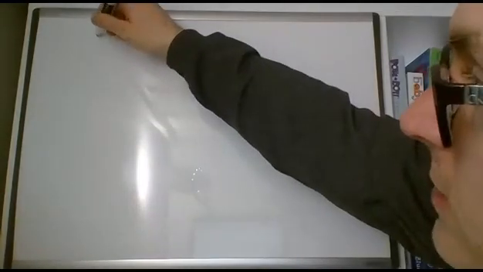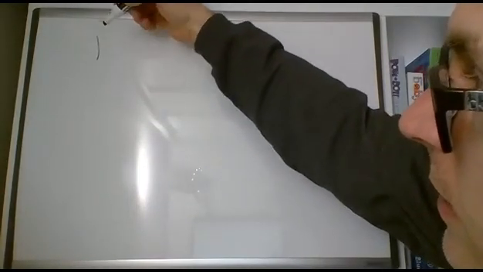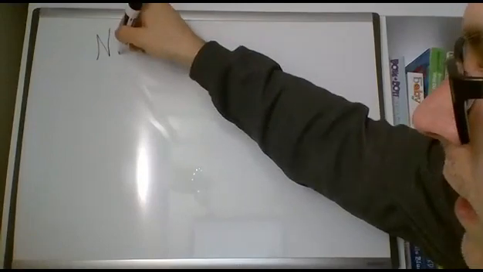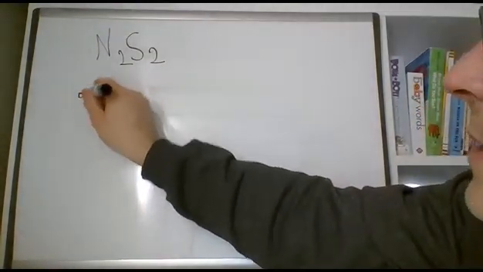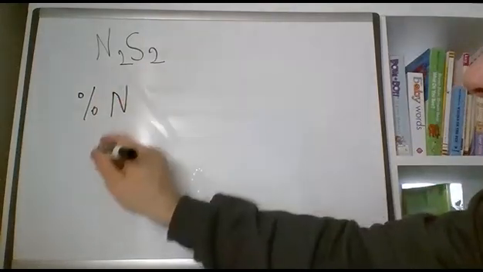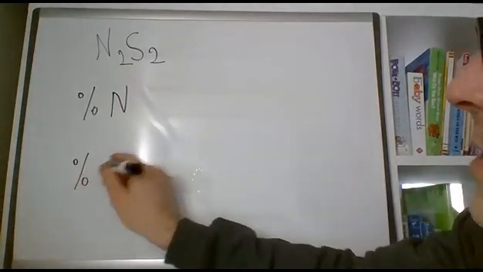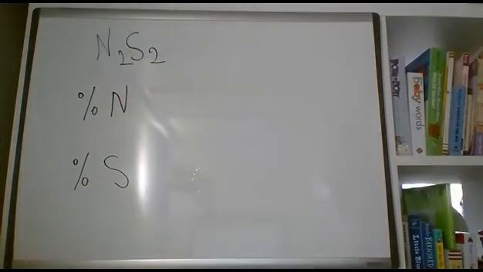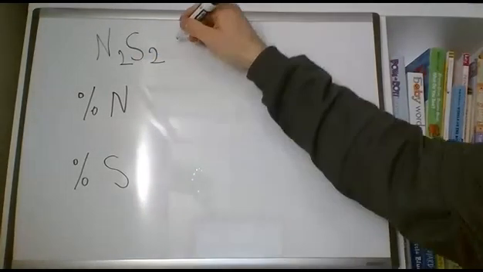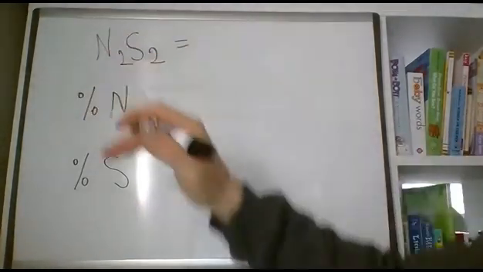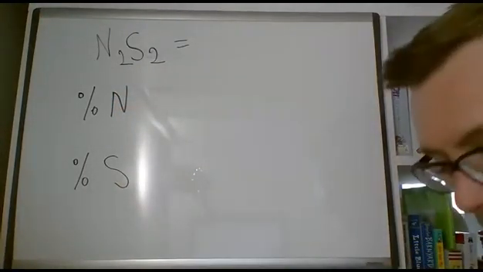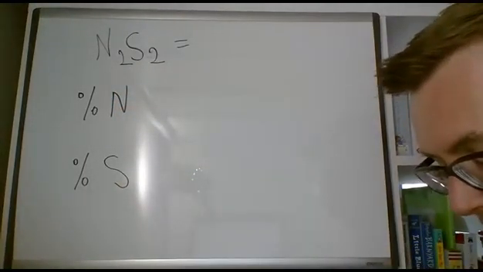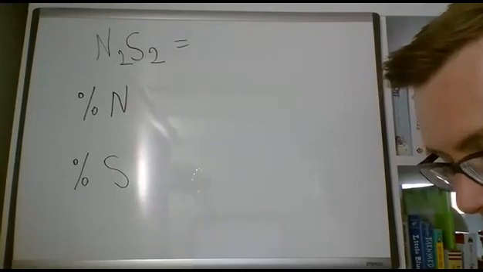Okay, so what about N2S? So I want the percent composition of nitrogen, and I also want the percent composition of S. Okay, so I need to look at the whole first. So I've got 2 nitrogen and 2 sulfur. So I use my periodic table and I add the masses of all those things up.